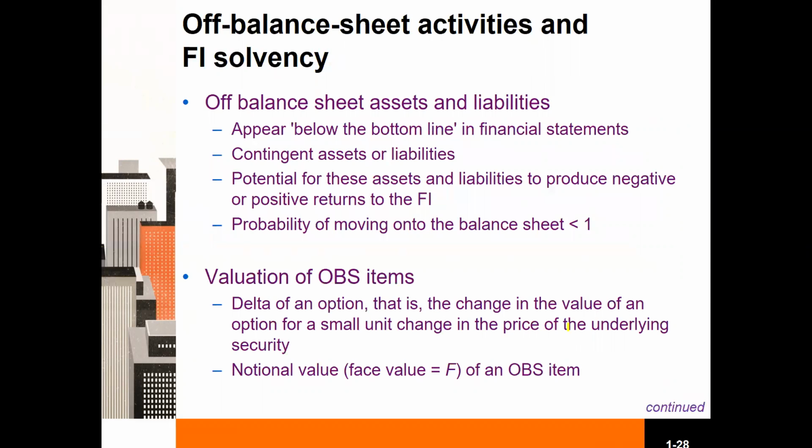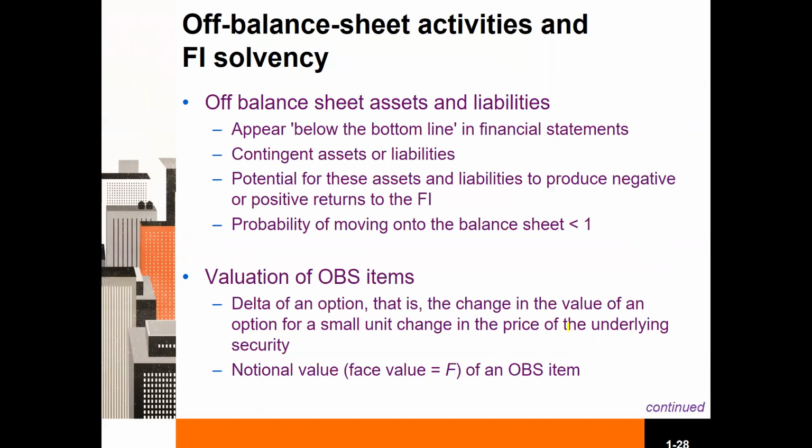Now, as I indicated earlier, since off-balance sheet items are contingent assets and liabilities and move onto the balance sheet with a probability of less than 1, their valuation is difficult and often highly complex. Because many off-balance sheet items involve option features, the most common methodology has been to apply contingent claims option pricing theory models.